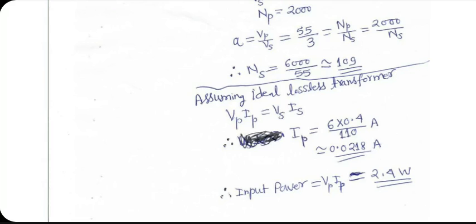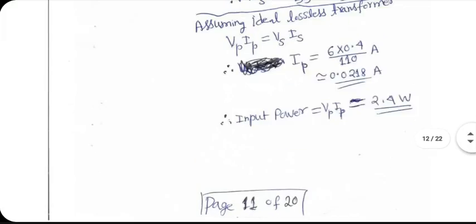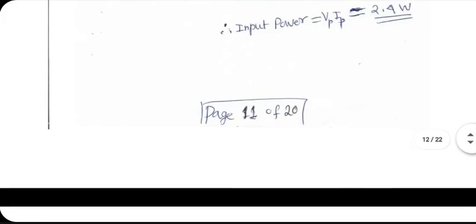It is almost 0.0218 ampere, which is 21.8 milliamperes. The input power will be VPIP. You can do the calculation, it will be 2.4 watt almost. You can do the calculation on the output side also, VSIS. It should also be equal to 2.4 because we are assuming lossless transfer.